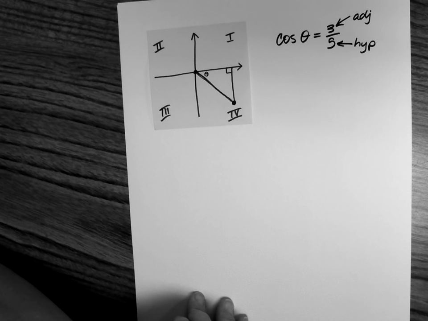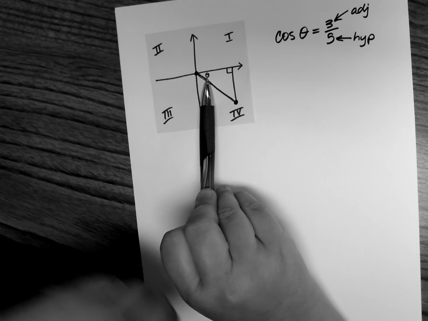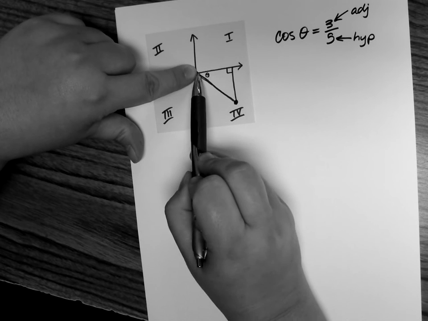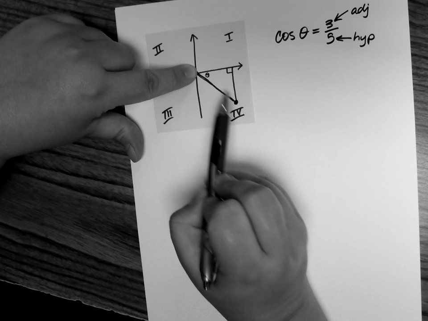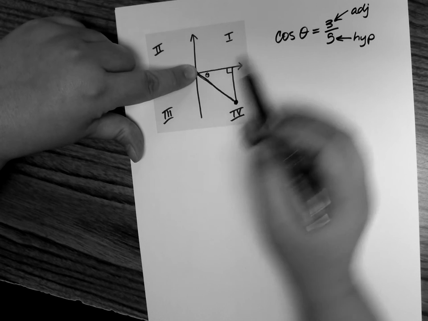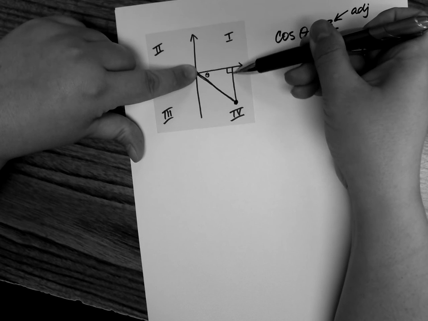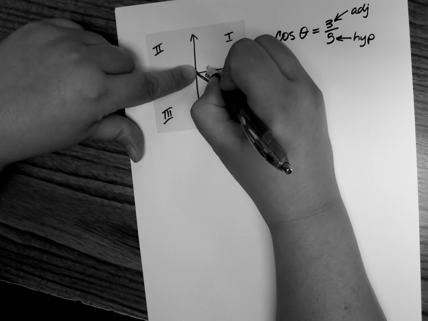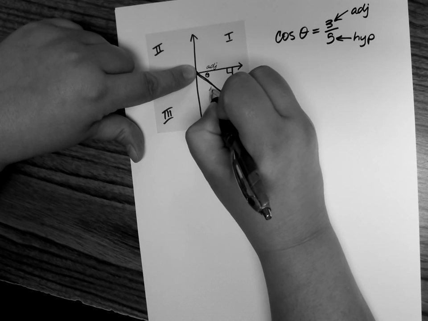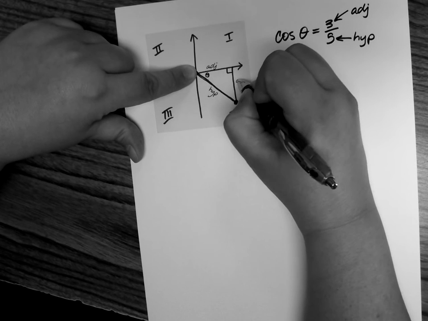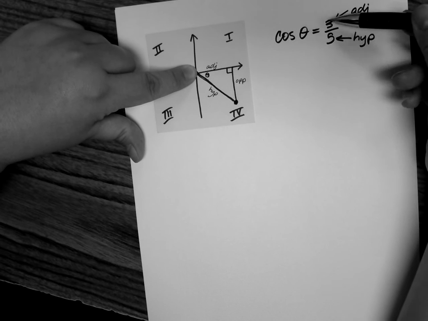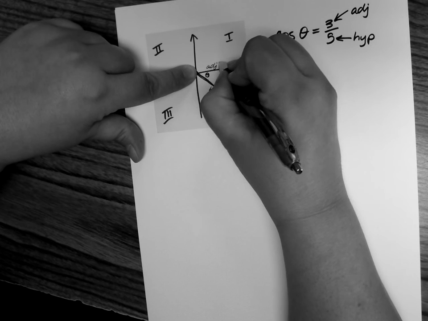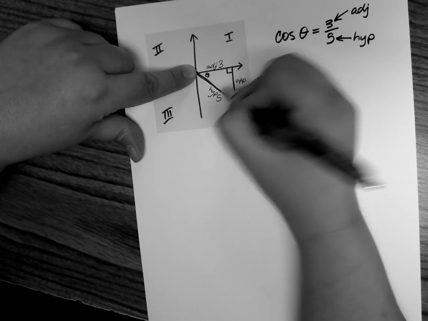The adjacent side for this little angle right here, remember that the angle is always between the hypotenuse and the adjacent. The opposite is the one over here that doesn't touch my angle at all. Okay, so adjacent is right here, hypotenuse is right here, and this is opposite. So if cosine is 3/5, that means this side is 3 and this side is 5.